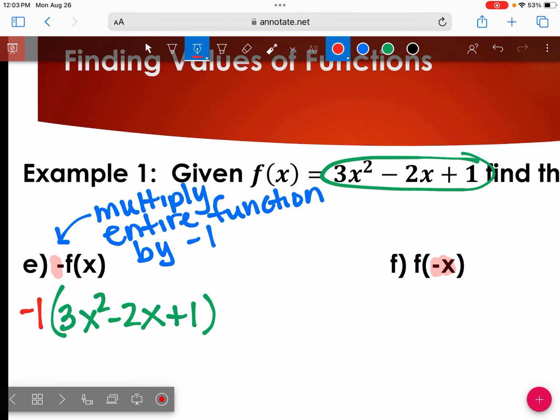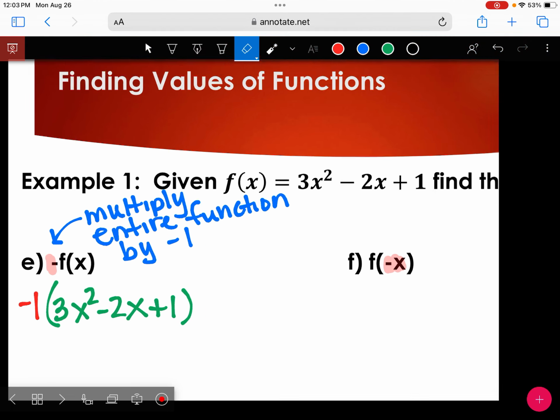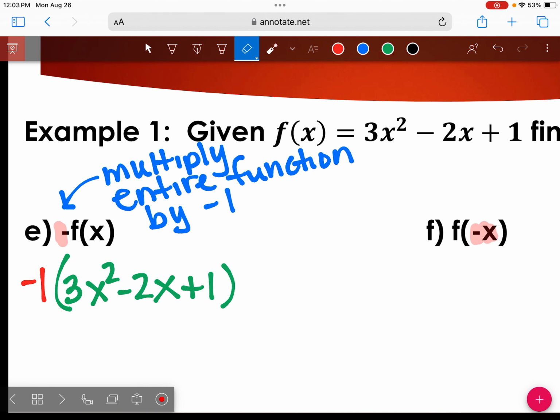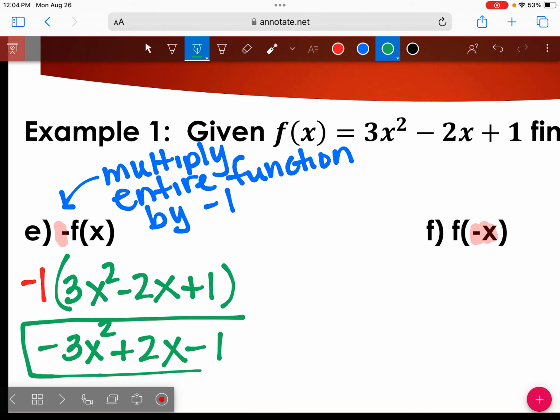That's not the same as changing the input. So go ahead and do that for E. So that would be a negative 3x squared plus 2x minus 1. That would be your answer.